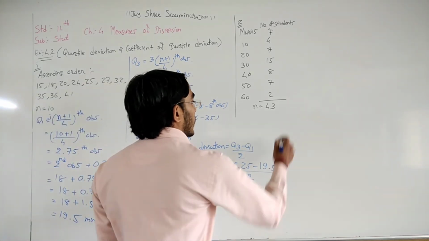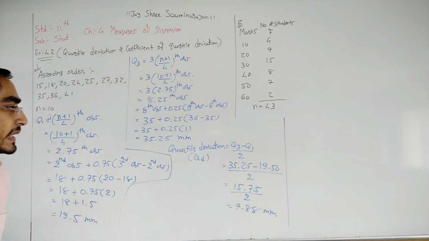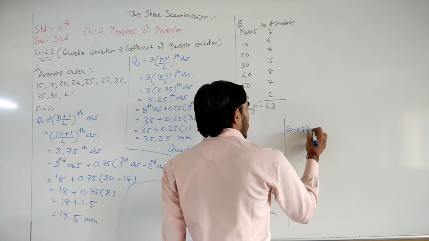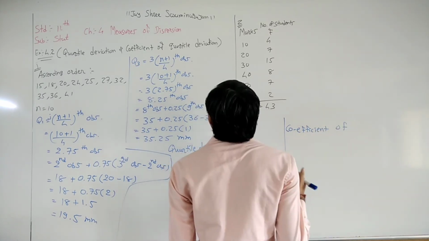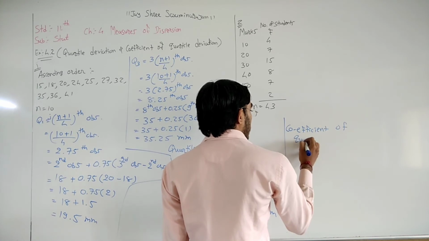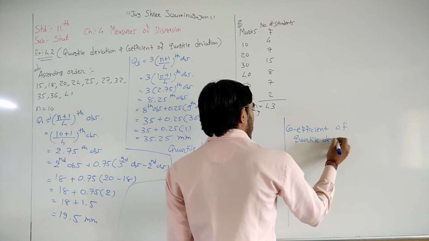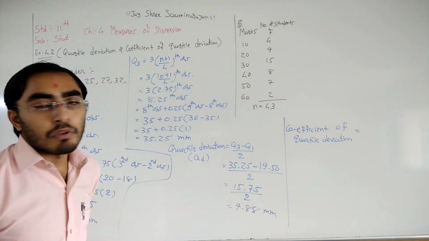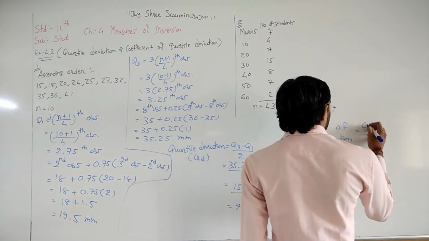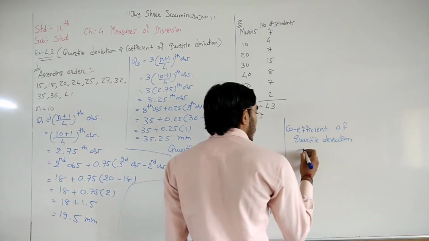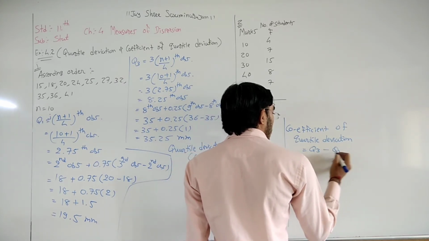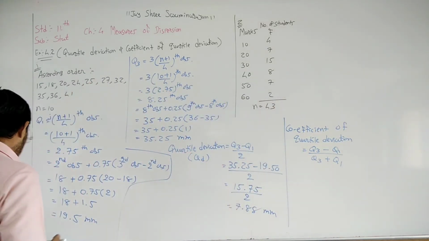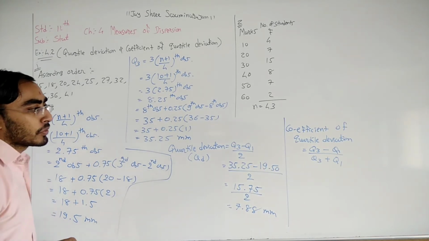Okay. And after that we need to find the coefficient of quartile deviation. So what is the formula for coefficient of quartile deviation? It is (Q3 minus Q1) divided by (Q3 plus Q1), right?